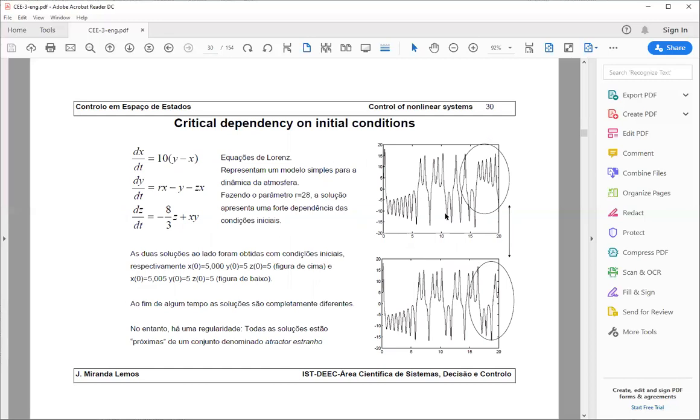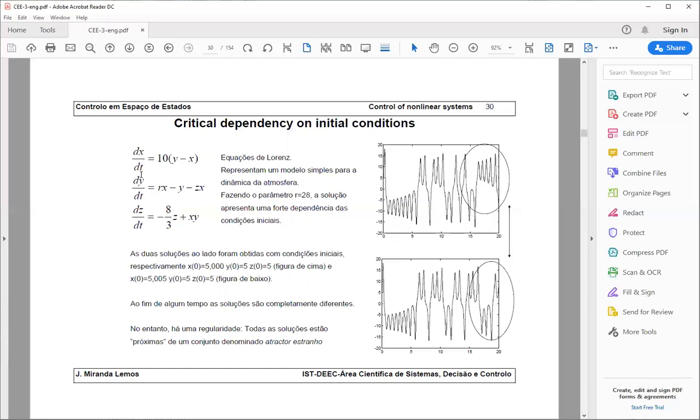But another aspect, which is also related to this one but is a different issue, is the critical dependency on initial conditions. Suppose that you have these three state equations, in x, y, and z. So the state variables are x, y, and z. And there is a parameter, let's select it to be 28.